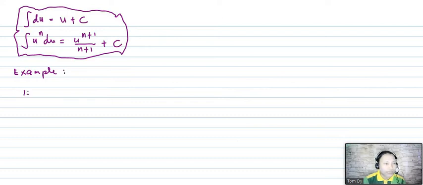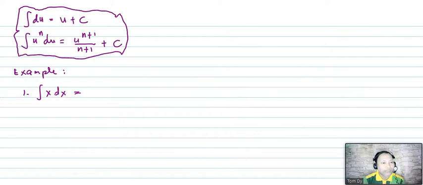Another example for this new formula. Number 1, example 1. This time, instead of the variable u, we will be using x, so the integral of x dx. When we use this formula, our u is x.